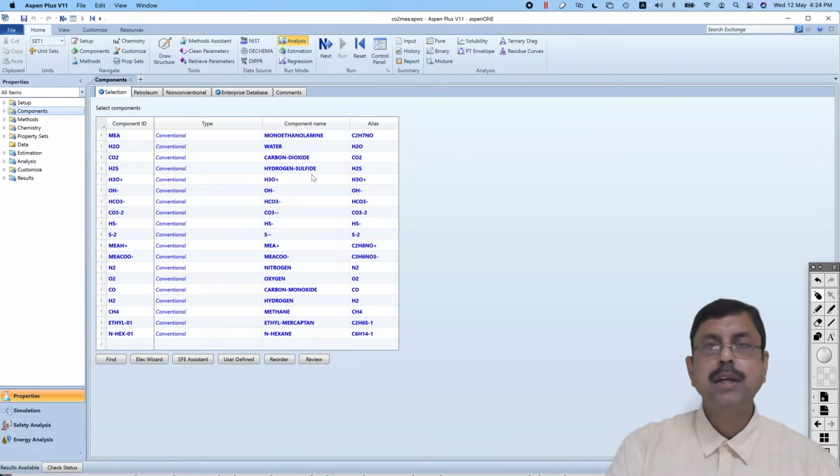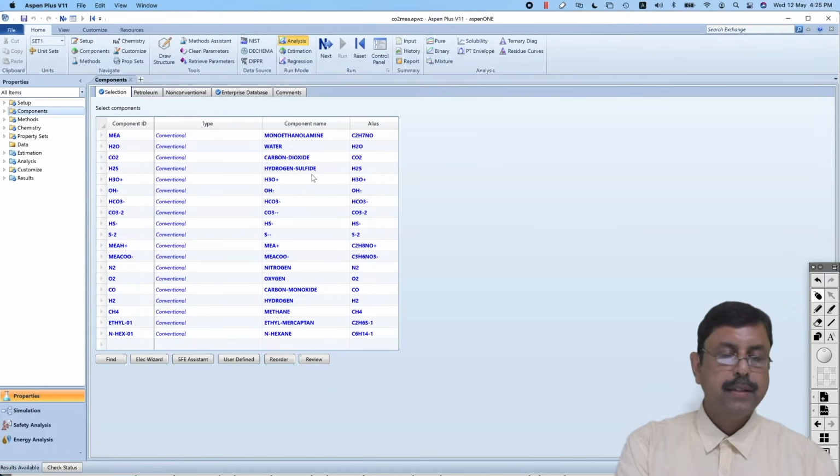So in future, if you want to change your simulation environment, if you want to add a few impurities, if hydrogen sulfide is present in the flue gas, if you want to add a certain number of equations more due to those impurities, then it will be easier for you. You do not have to add the components again and rerun the property method.